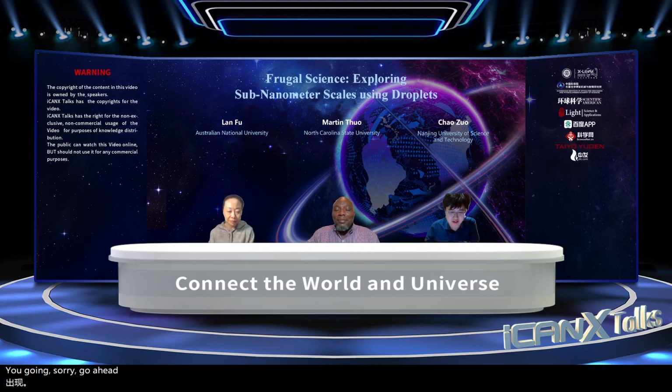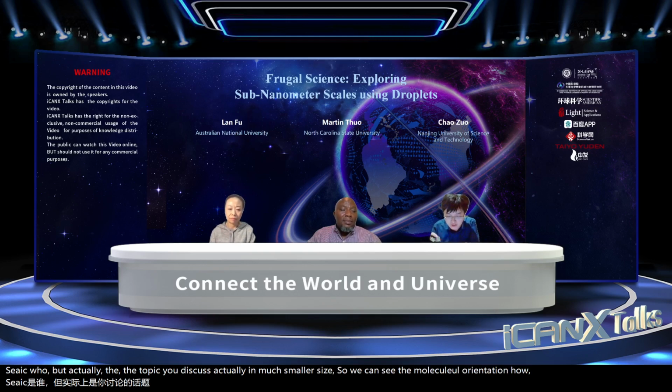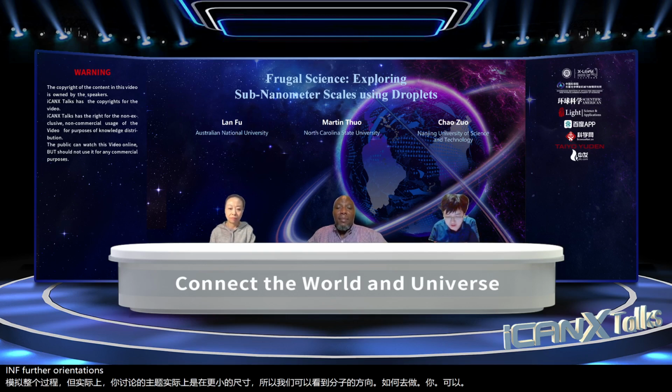Yeah. It's quite hard to simulate the electromagnetic wave when light passes through, for example, the polystyrene spheres. We use FDTD to simulate the whole process. But actually, the topic you discussed is at a much smaller size, where we can see the molecular orientation. So how can you infer the orientation and interaction?